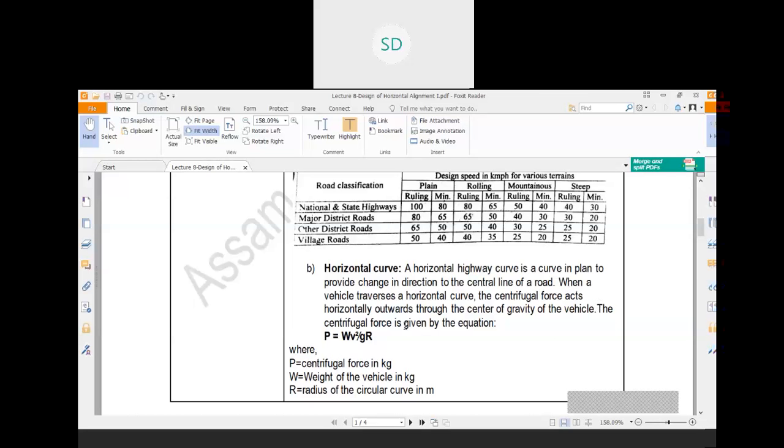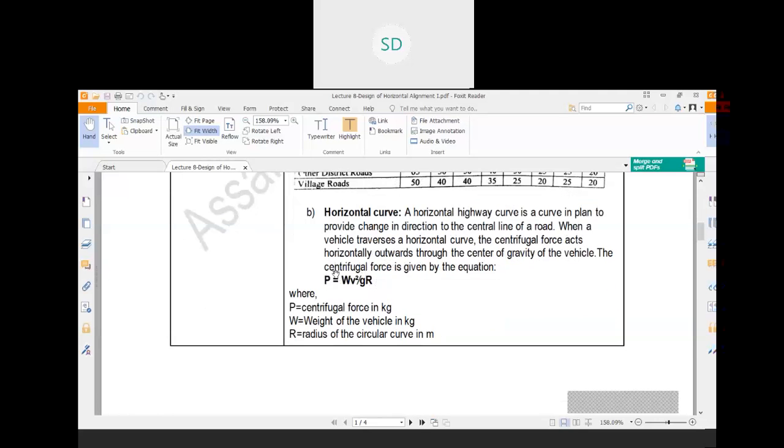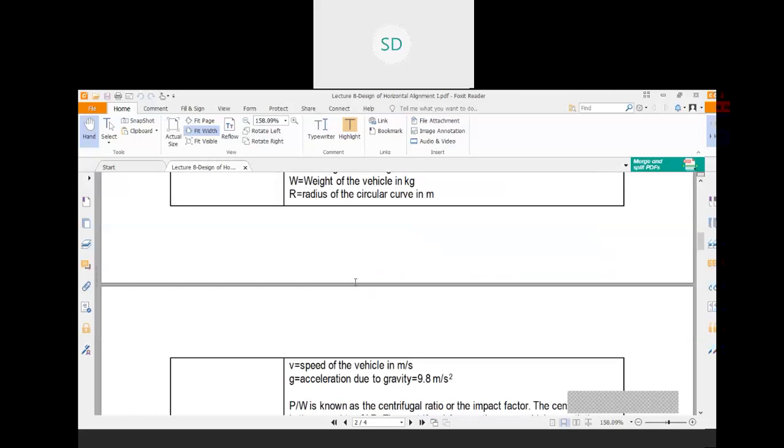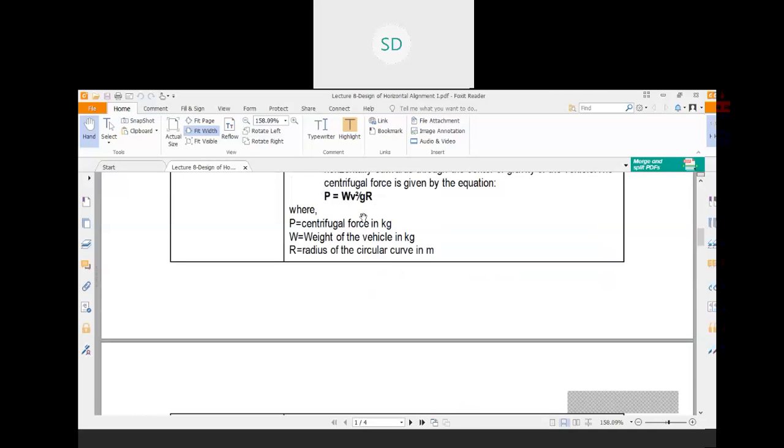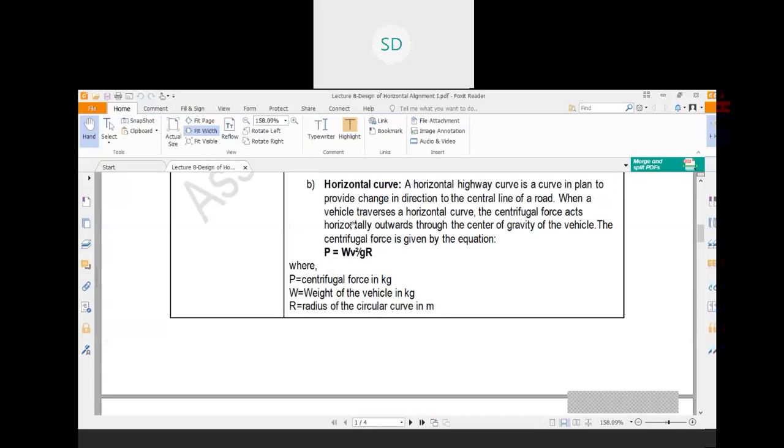This centrifugal force is given by the equation P equals W V squared divided by G into R, where W is the weight of the vehicle in kg, V is the speed of the vehicle in meter per second, G is gravitational acceleration, and R is the radius of the circular curve in meter.